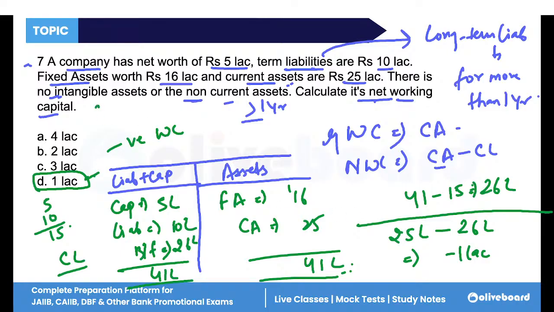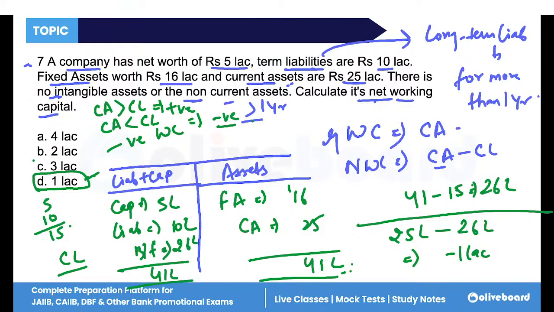When current assets are less than current liabilities, it is negative working capital. Done. So 1 lakh is the answer.